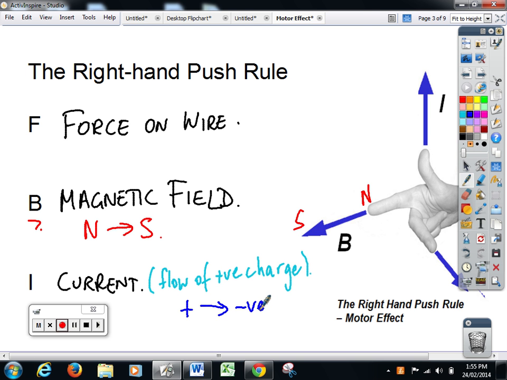And the most important part is these three fingers have to be at right angles to each other. In other words, they form a universal right angled plane. Okay? Or what I like to call a pistol grip. So let's just practice getting our fingers in a pistol.